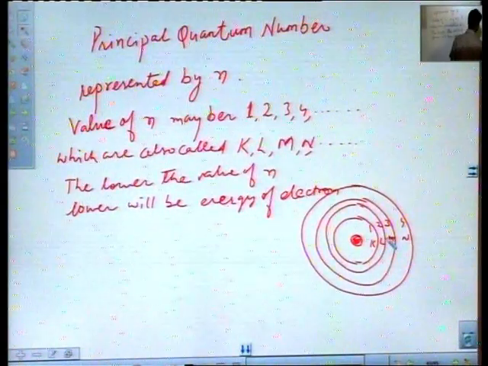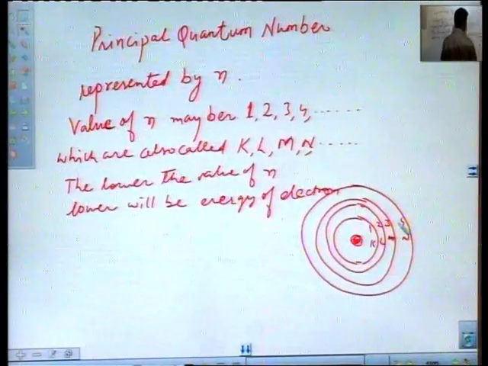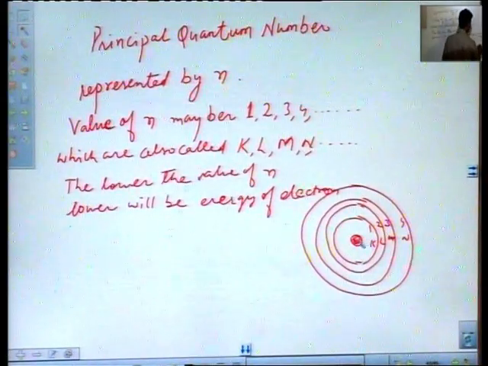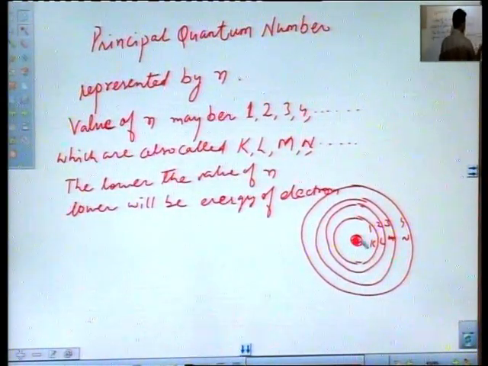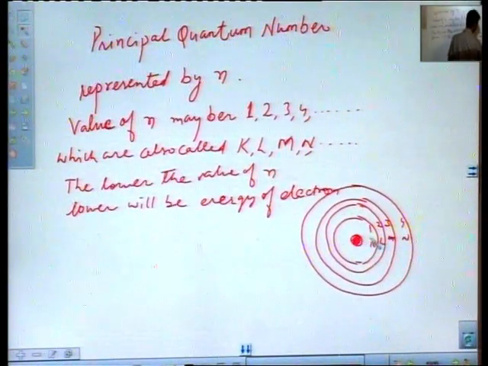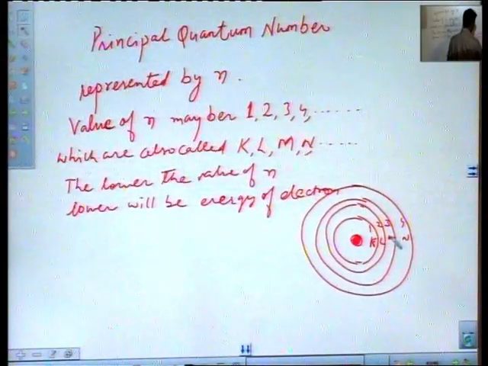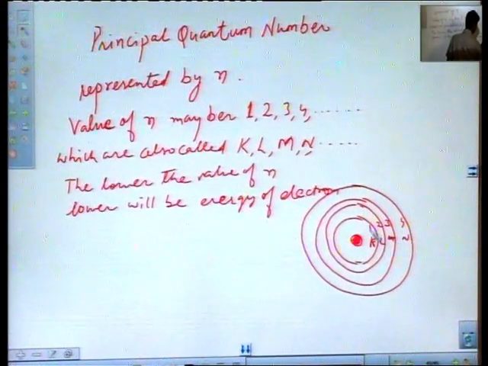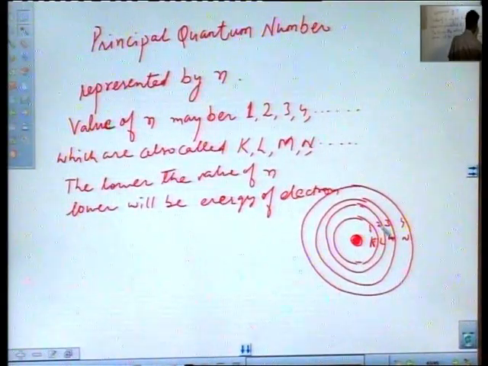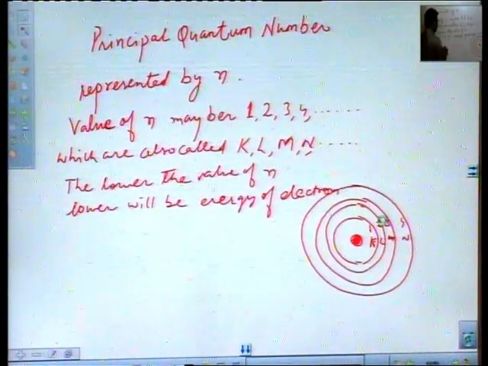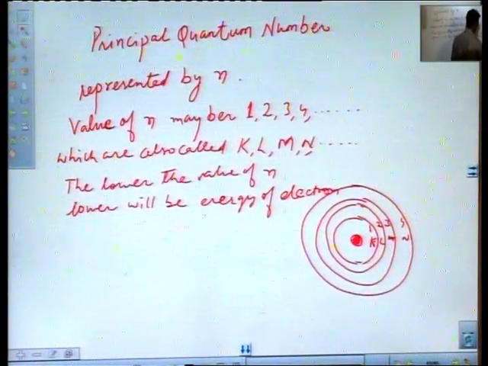The values of the principal quantum number may be 1, 2, 3, 4, according to the main shell of the electron. In an atom, an electron may be present in the first, second, third, fourth or fifth shell and so on, named K, L, M, N, etc. The energy of the first shell is lower than the second shell, and the second is lower than the third and so on. As we move outwards from the nucleus, the energy is increasing.